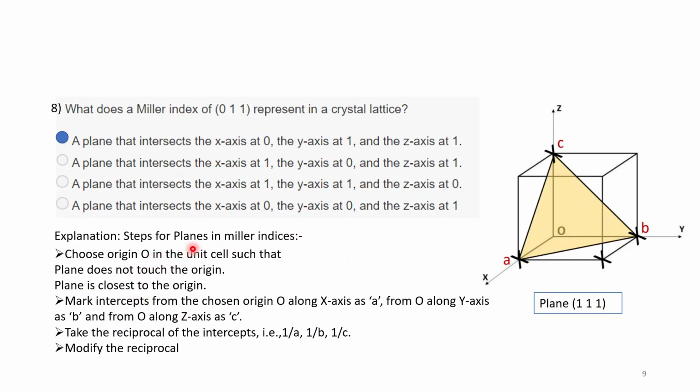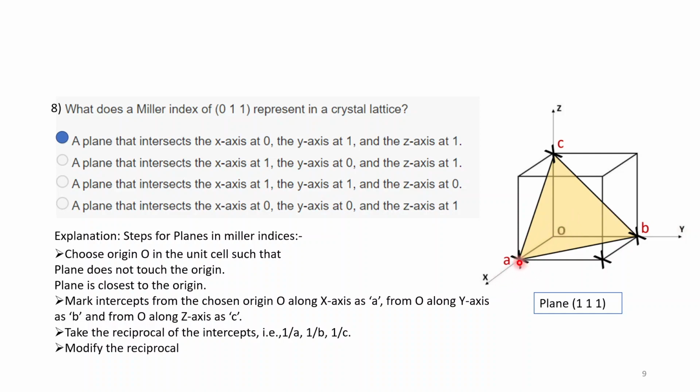Now these are various steps that are followed for finding out Miller indices of planes. Firstly, you find out the intercepts of the plane. You fix an origin which does not touch the plane and is closest to the plane. Then we take intercepts of the plane with various axes.